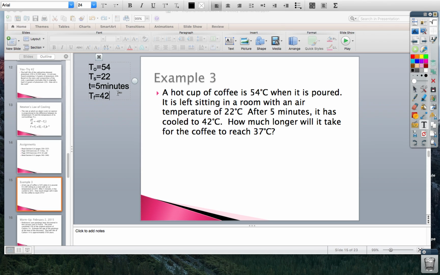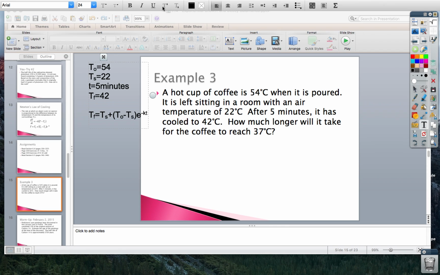Notice how we just started off with what we know, and now we're going to look into the formula. So we know that T, or T final, is equal to T sub S plus T sub 0, the initial temperature, minus T of the surrounding, times e to the negative kT.